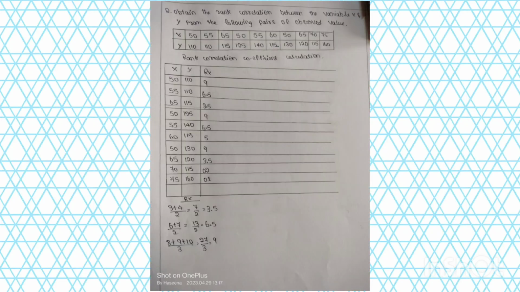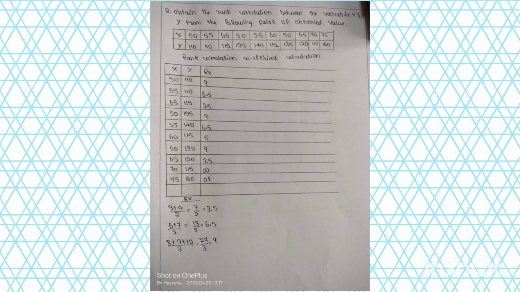Now we will start ranking them in the same order, and wherever we get the same values repeated, we will calculate the correction factor. Now let's start with writing Rx. Here the highest value is 75, which is ranked as 1. The second highest value is 70, which is ranked as 2.